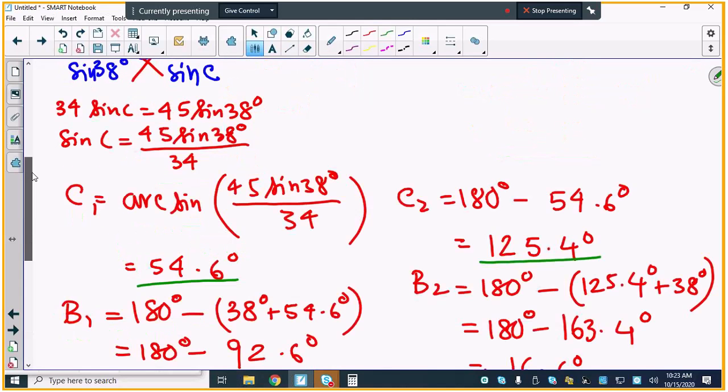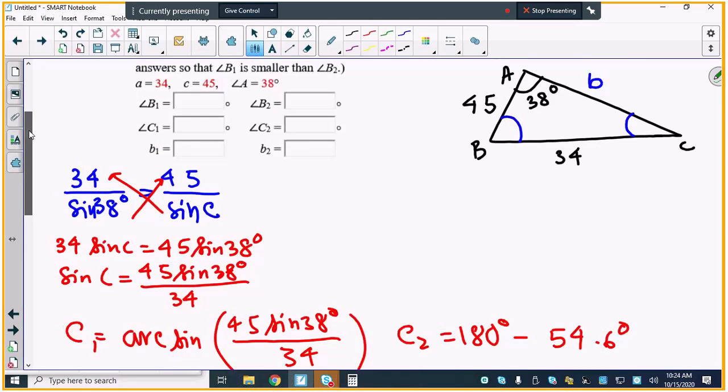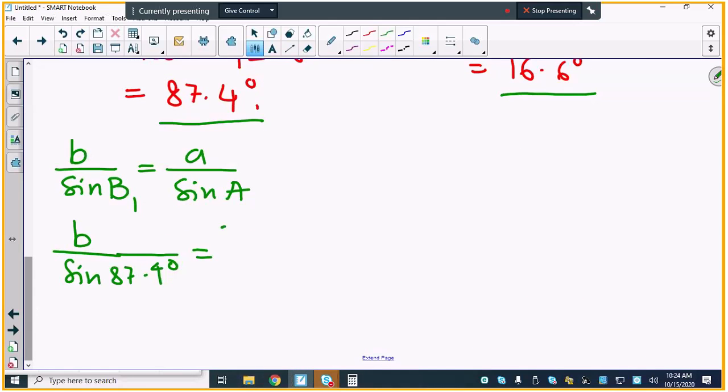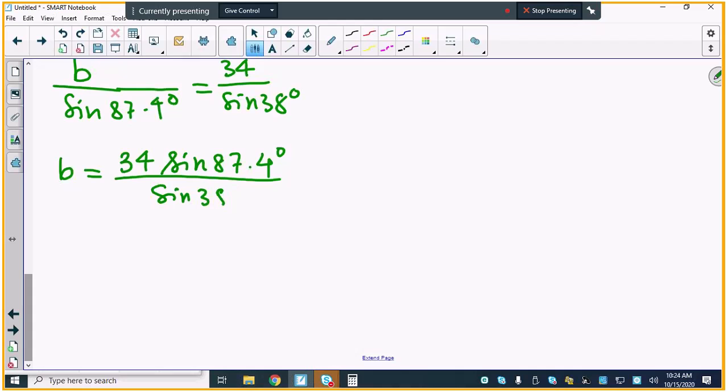If I go back to the triangle, we'll find out that the side A is 34 and the angle A is 38 degrees. So that's pretty simple: 34 over sine of 38 degrees. And as we are solving it for the side B, I'm going to multiply sine 87.4 degrees on both sides. So I get 34 times sine 87.4 degrees over sine of 38 degrees.